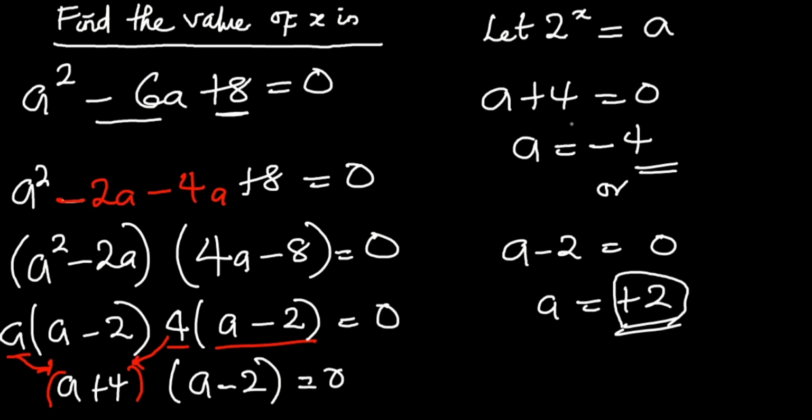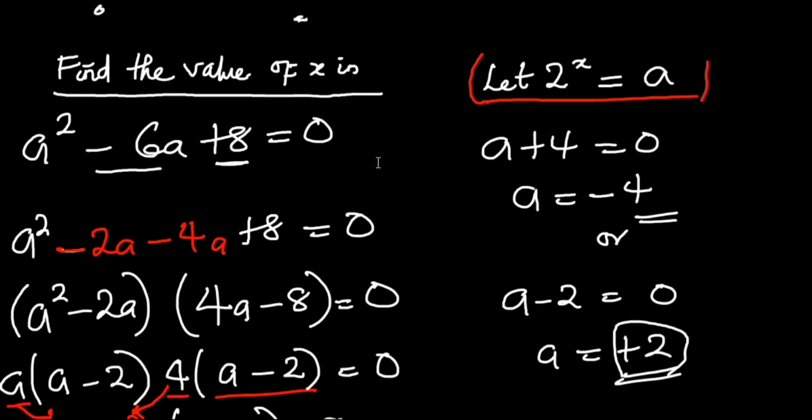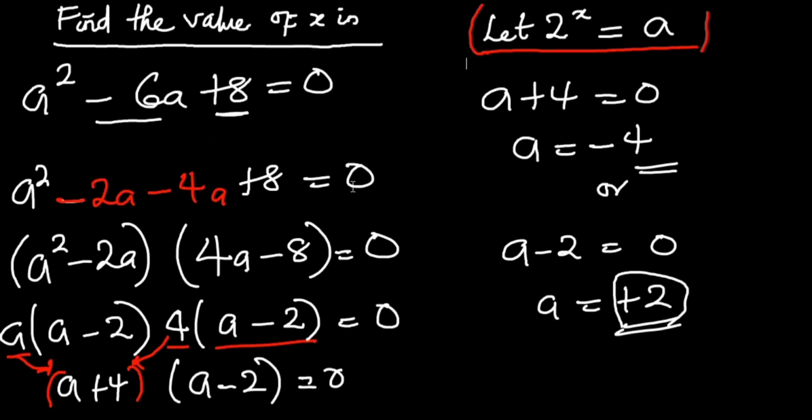So now to get the value of x, recall that that's why I had to leave this at the top side of the screen. We equated 2 raised to the power x as a. So now we've gotten the value of a. We're going to replace a there with 2, and we're going to now get the value of x.